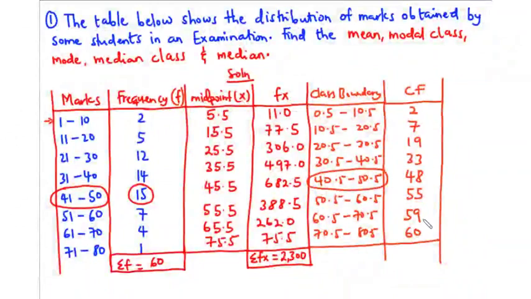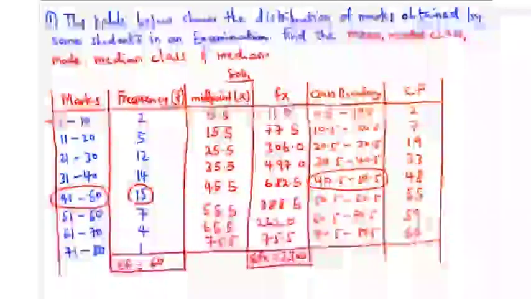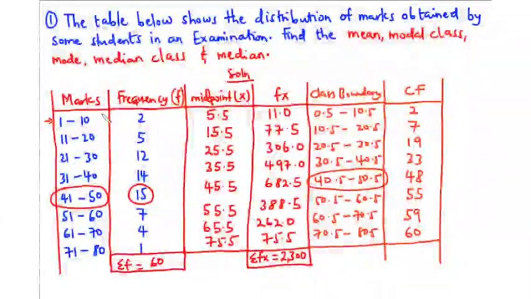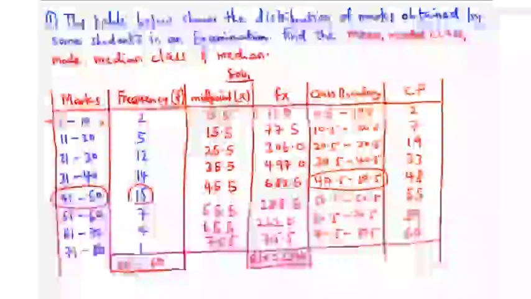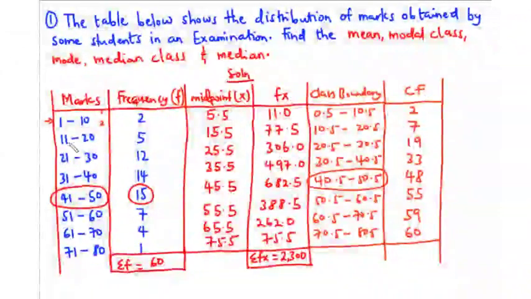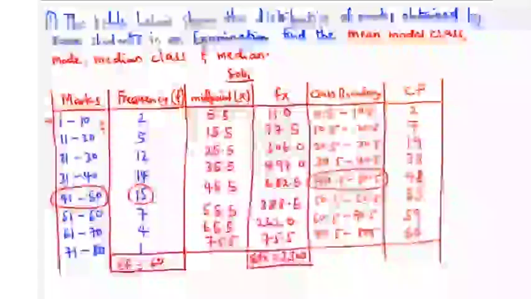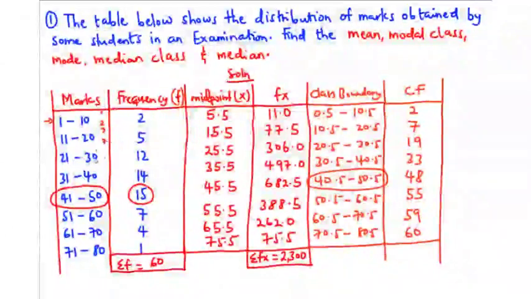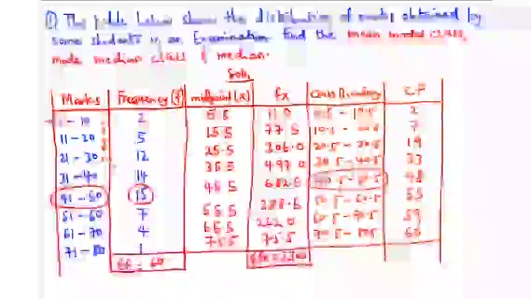Now we got the median class to be the value within the 30th position. The interval 1 to 10 occurs from the first position to the second position. We are going to use this to help us find the positions. Now the interval 11 to 20 starts from the third position and ends at the 7th position. 21 to 30 starts from the 8th position to the 19th position.